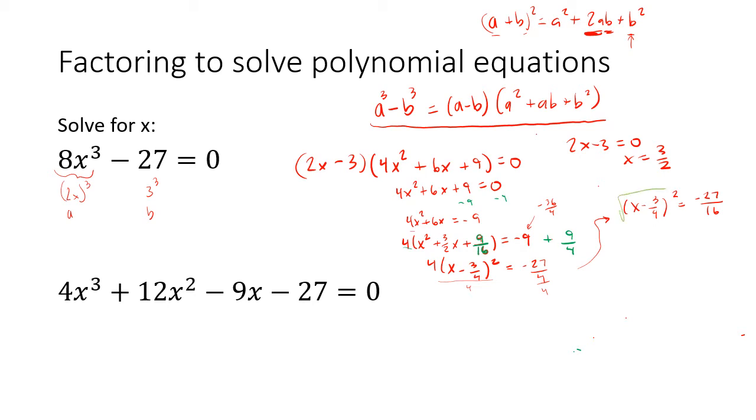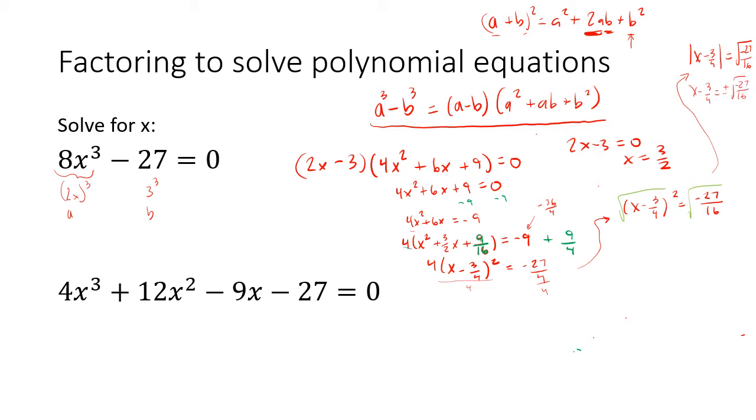Now, if we take the square root of both sides, there's an intermediate step, and I'm just going to write this up here because I want to keep things simple where we're actually solving it. This will be the absolute value of x minus 3/4 is equal to the square root of -27/16. And then what we typically do is we just forget that this is a thing, even though it is, and we say x minus 3/4 is equal to plus or minus the square root of -27/16.